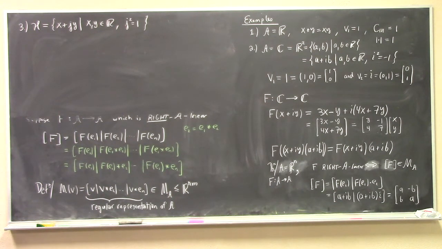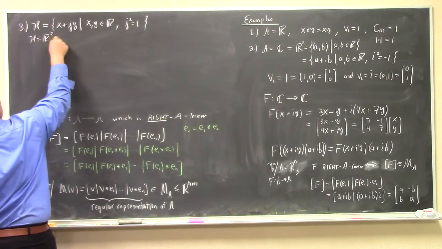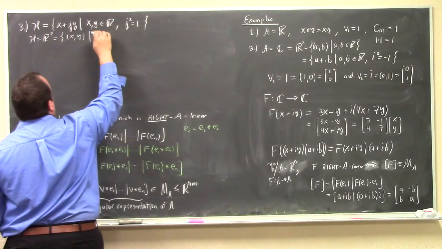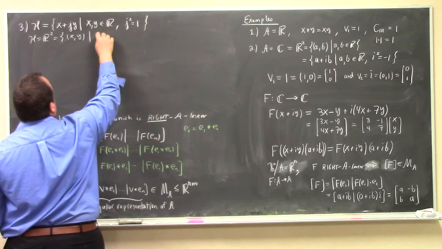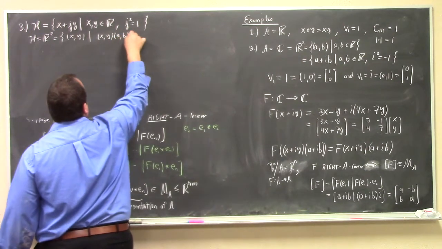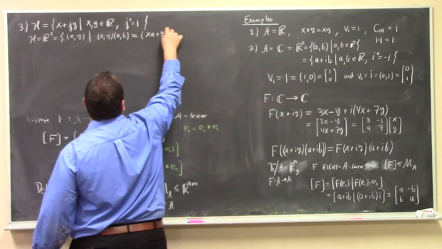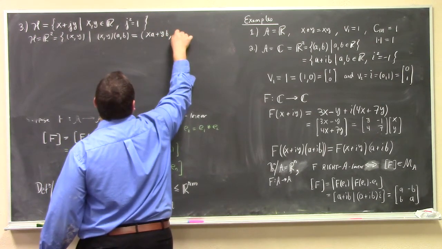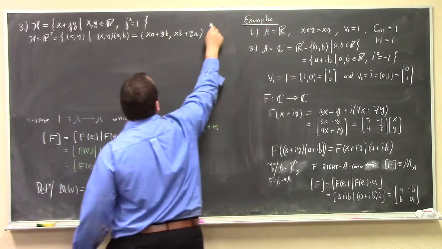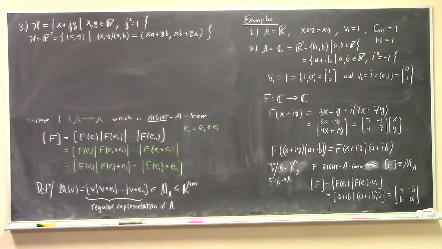We could think about H equal to R2, and here the multiplication would be (x, y) times (a, b) is by definition (xa plus yb, xb plus ya). That defines the multiplication on R2.